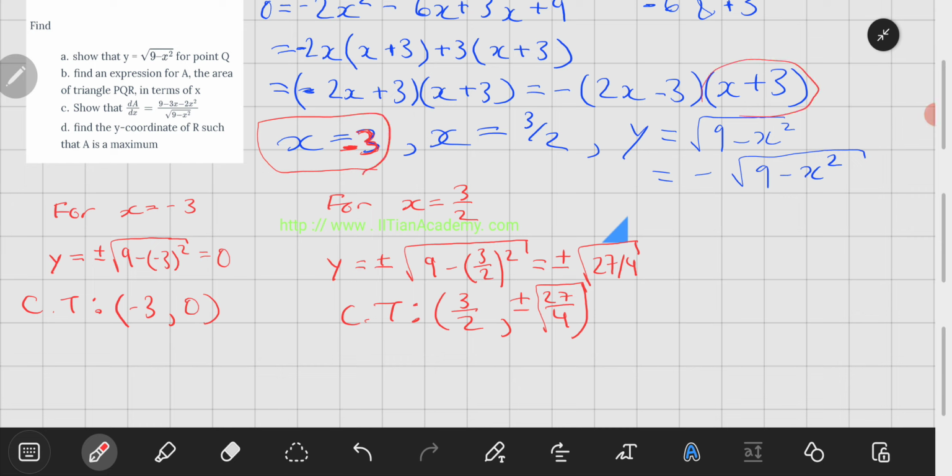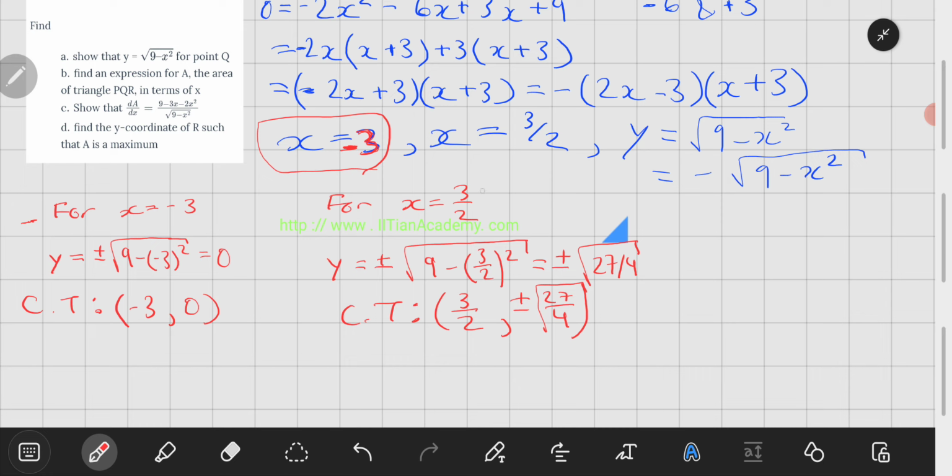From our factored form, x plus 3 means that our critical x value would be negative 3. Substituting x is equal to negative 3, we have y is equal to plus or minus root of 9 minus negative 3 squared, which is just 0. So our critical point is negative 3 and 0.